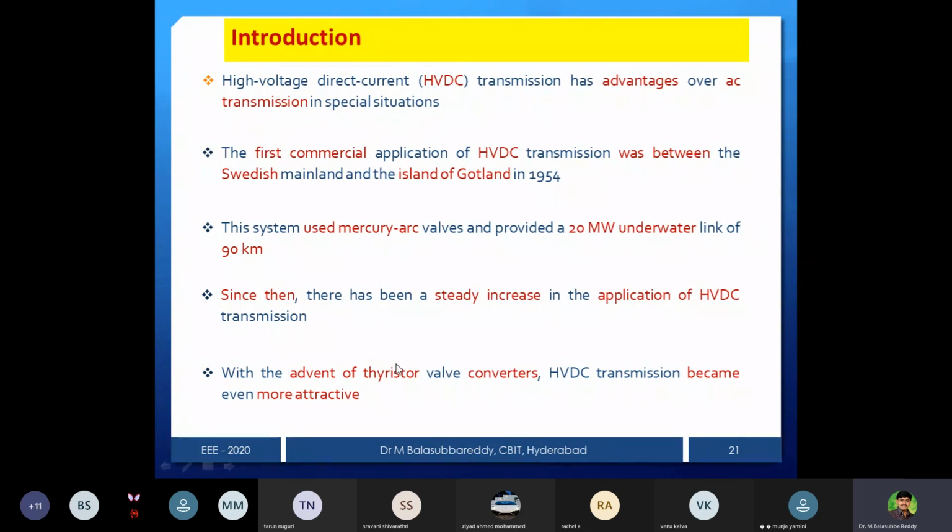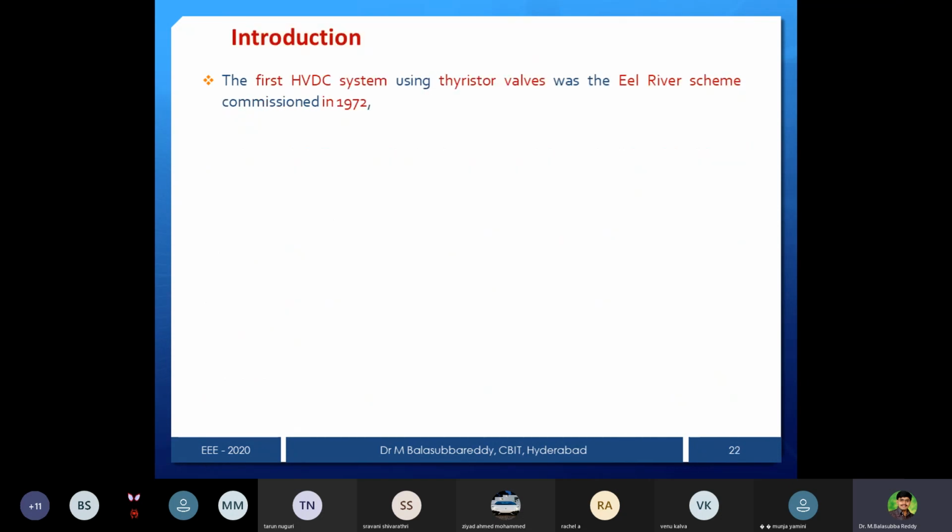Because of this there is a lot of future. This is in terms of capacity, voltage and current rating capacities, all very high. That is the reason they replaced the mercury arc valve with the thyristor valves.